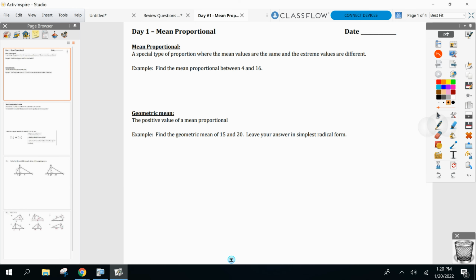So what I'd like your help in doing here on this first example: can you find the mean proportional between 4 and 16? Here's what I'm asking. 4 and 16 are your extremes. Give me a number that I can multiply by itself that gives me the same product as 4 and 16.